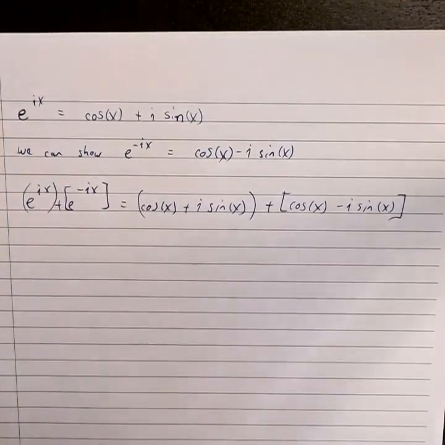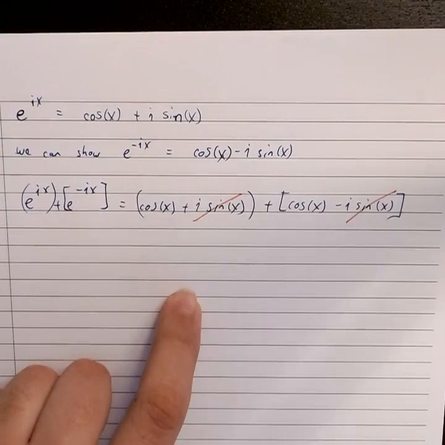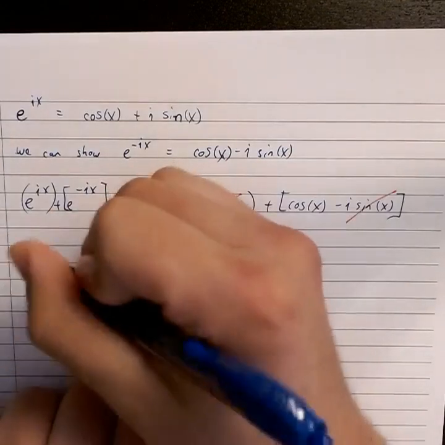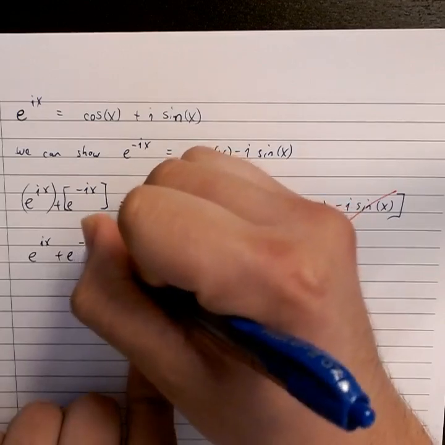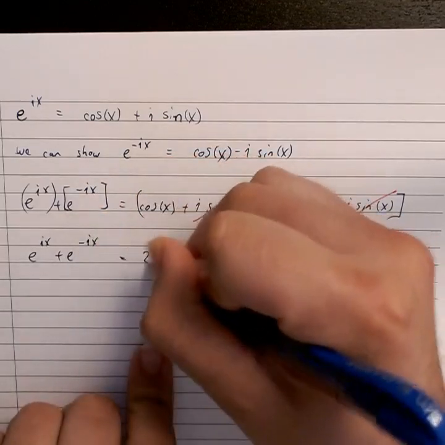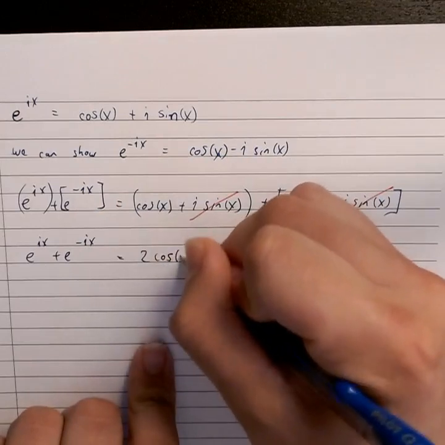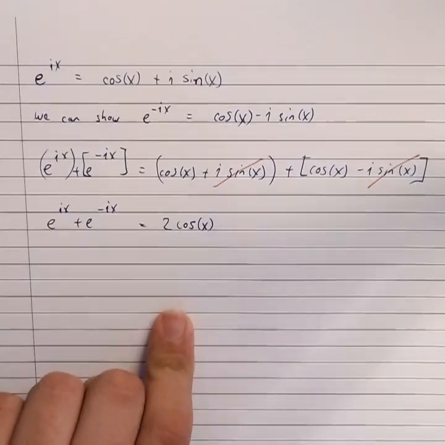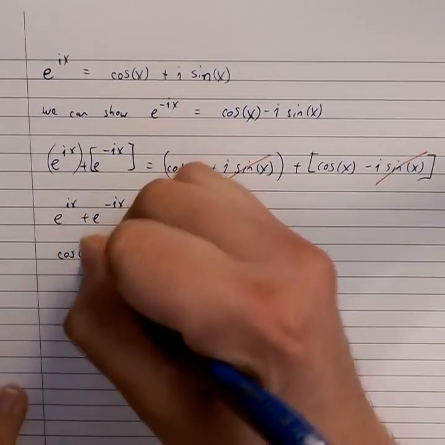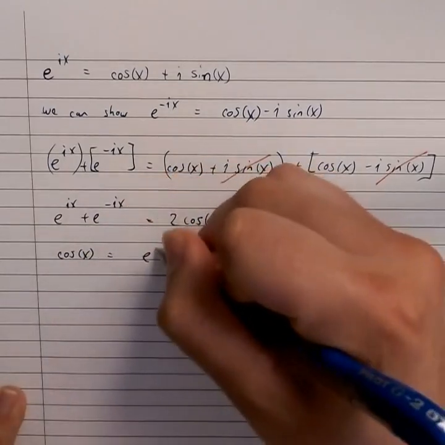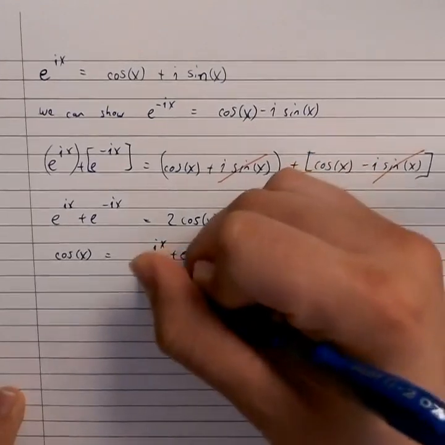And now if I combine those, notice i sine of x plus a negative i sine of x is 0. So this gives me e to the ix plus e to the minus ix is equal to cosine of x plus another cosine of x, which is cosine of x times 2. But now if I divide on both sides by 2, I get that the cosine of x is equal to e to the ix plus e to the minus ix over 2.